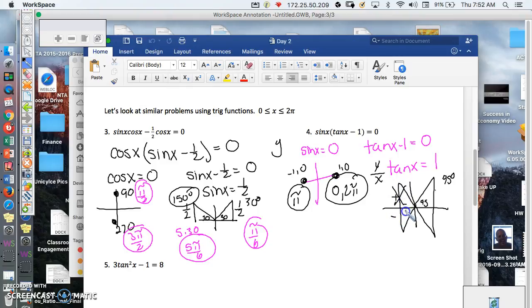A negative and a negative, so it has to be this one, which would be 225. And this is a positive and a negative, so it can't be that one. So I know 45 degrees is pi over 4. And then this one, let's see, 1, 2, 3, 4, 5 pi over 4, because this is 5 times 45.